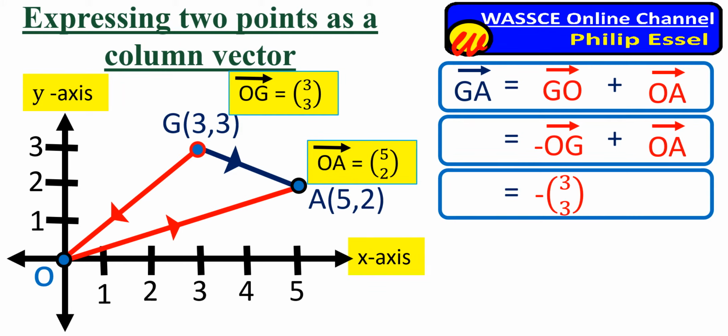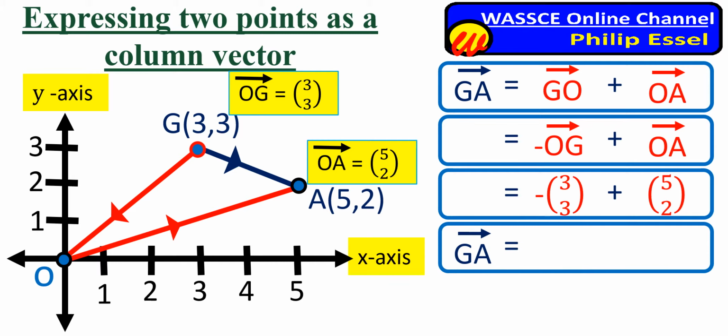Let's write our plus sign, and from the diagram, our position vector OA is 5, 2. So we are just going to substitute it into the place where OA should be. So the vector GA would give us the vector negative 3, negative 3, plus the vector 5, 2.